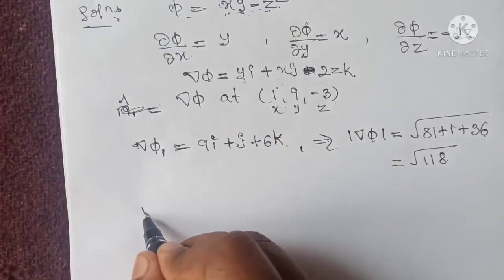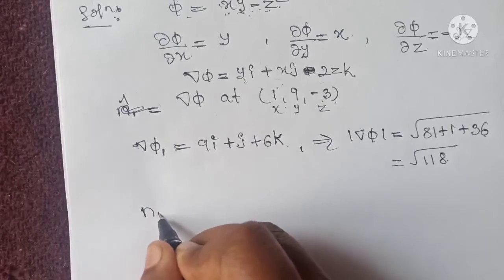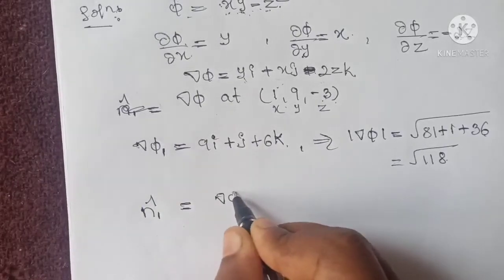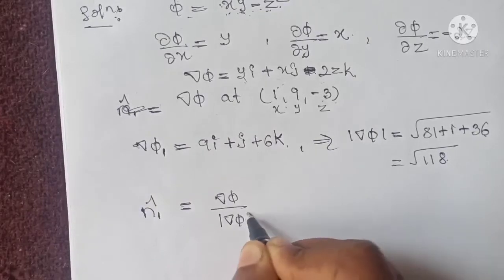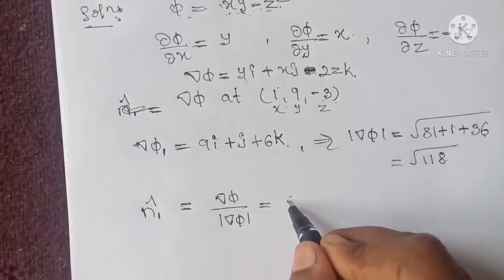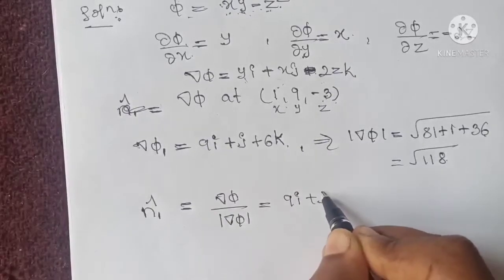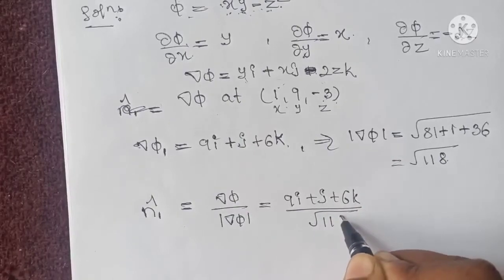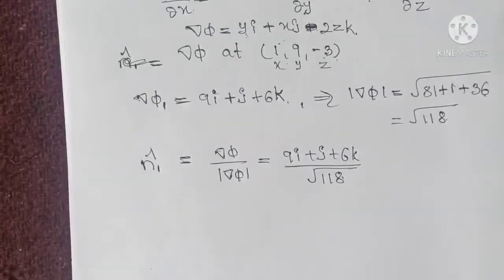So we get the first normal vector n1 equals del phi divided by mod del phi. Del phi value is 9i plus j plus 6k divided by root of 118.